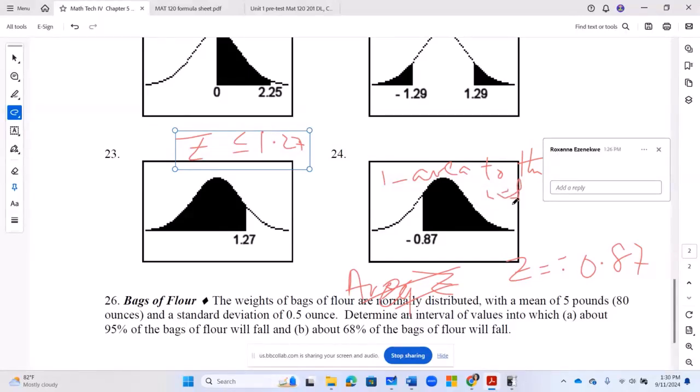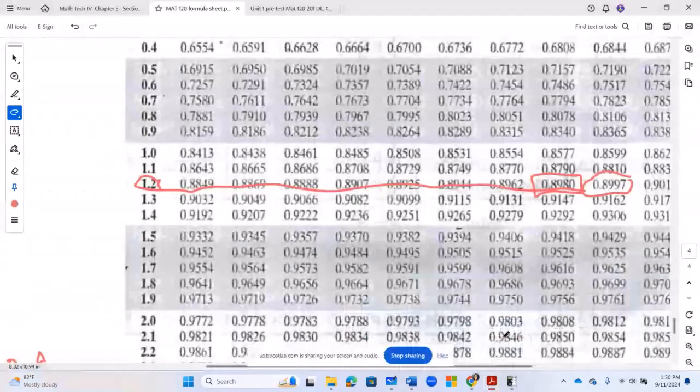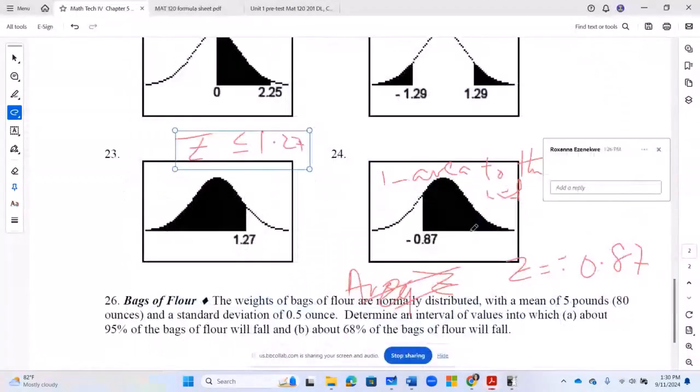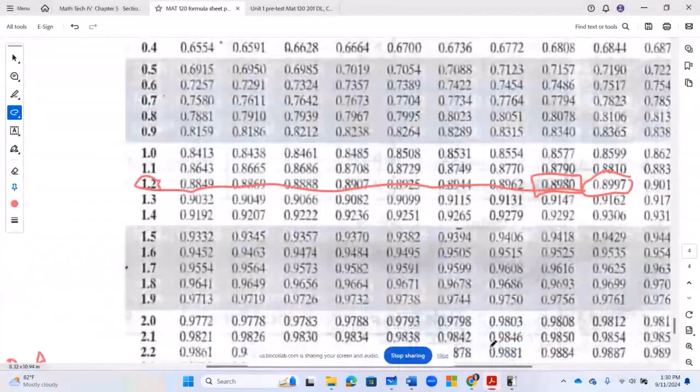And I will just pull my chart. Let's make sure that it is, so it's just negative 0.87, negative 0.87. So I'm going to go to the chart, negative 0.87.